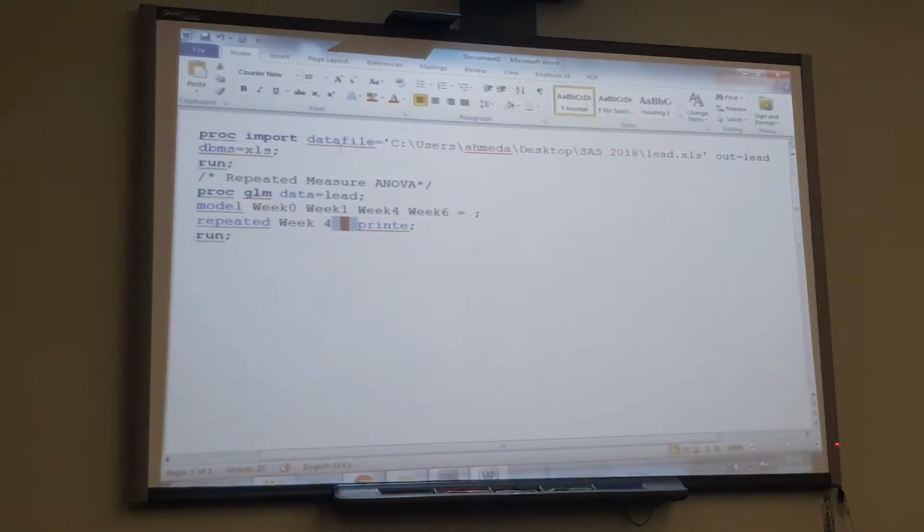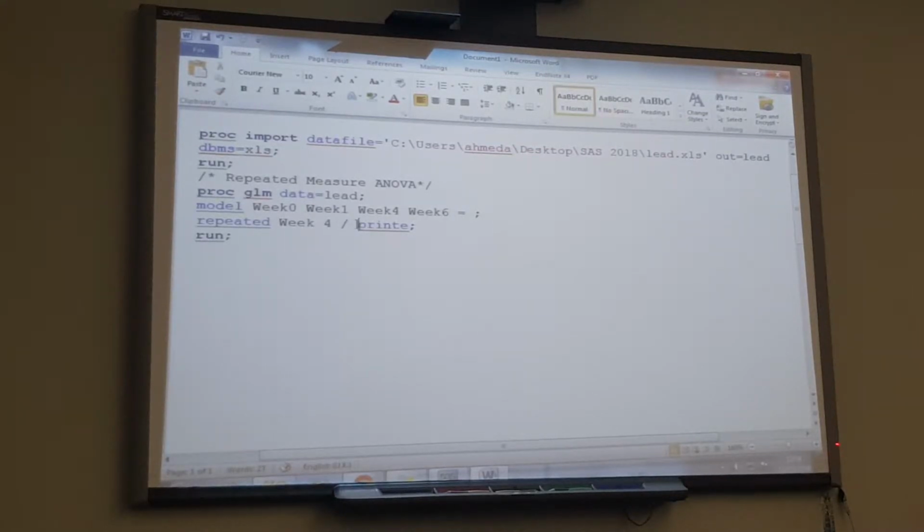This is very important. If you don't put the slash, what's it going to give you? It will be the same, but without sphericity. It's not going to give the sphericity because it considers this not an option. So now, if you put this, that's going to give you the test.